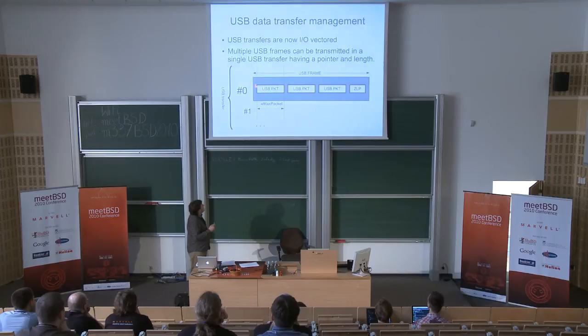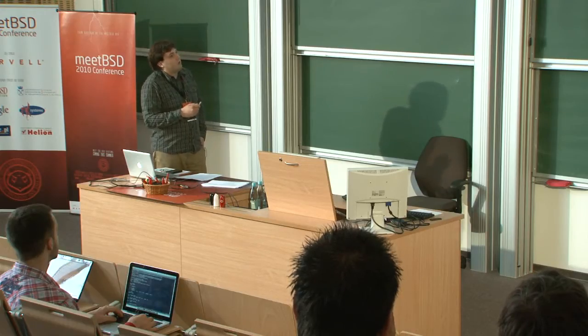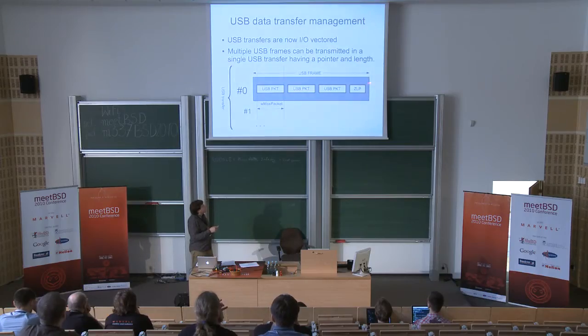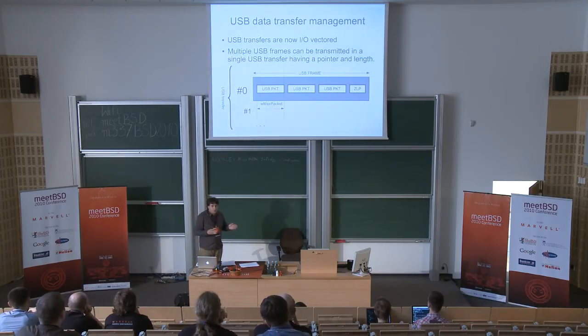So a USB frame can, for example, consist of an Ethernet packet. The Ethernet packet will be split into multiple USB packets, and then a short transfer in the end, and then it's transmitted, and the receiver understands at this point the transfer ends, and after that we start a new transfer. It's a way to synchronize framing.